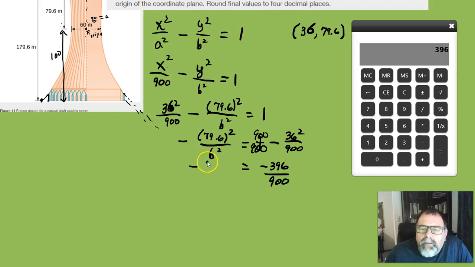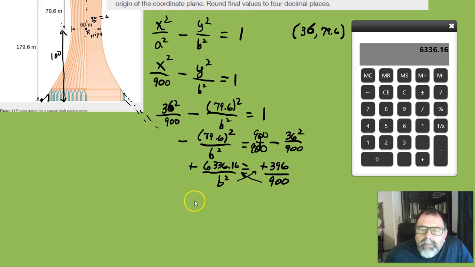And I got negative, let's see, 79.6 times 79.6. I should be using decimals because of the calculator here. That's 6336.16 over b squared. Now the negatives, I can multiply both sides by negative 1, so those cancel. To solve this, I'm just going to cross multiply.